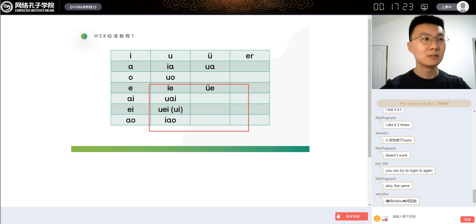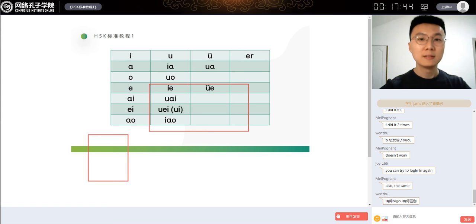Okay, now let's look at these 3. Listen. Ai, ei, ao.